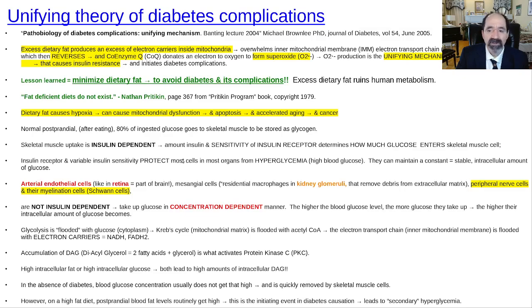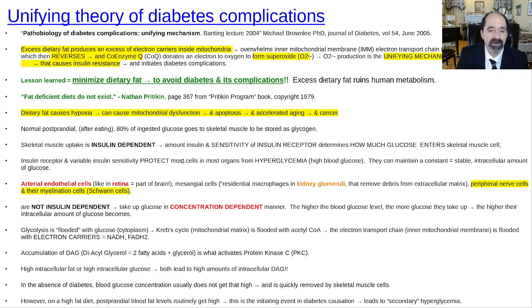There's other cells of the body, though, that take up glucose based on whatever the blood glucose concentration is. And that ends up being a big deal because when you've got this insulin resistance, hyperglycemia, these cells cannot protect themselves. They cannot stop excessive glucose from coming into the cell.